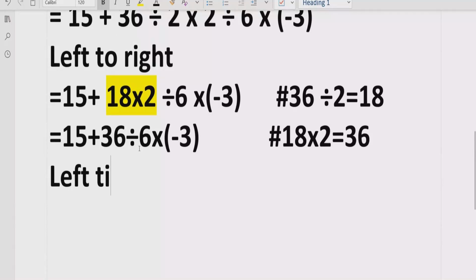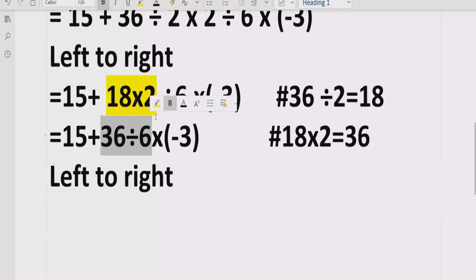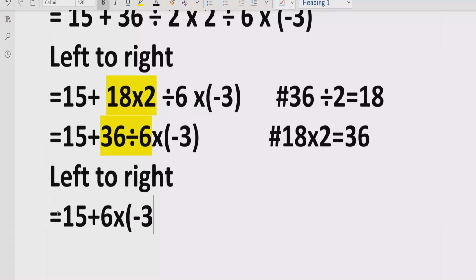Again, we have to go left to right and find out which is coming first. So now we have 36 divided by 6. We have to divide this one. So here we have 15 plus 36 divided by 6 multiplied by -3, and here we have to give the reference: 36 divided by 6 equals 6.